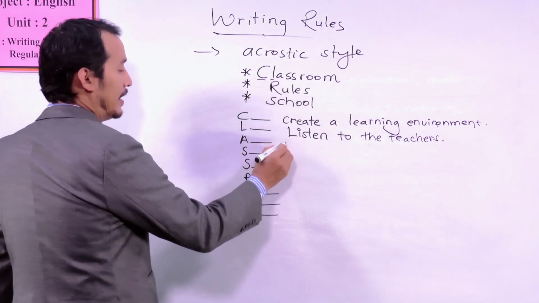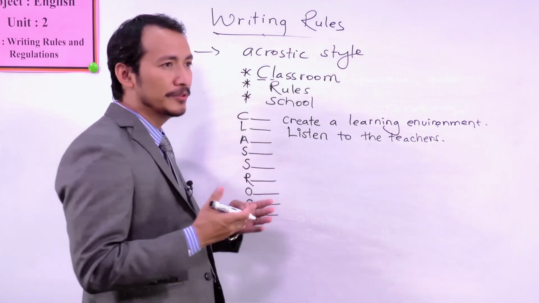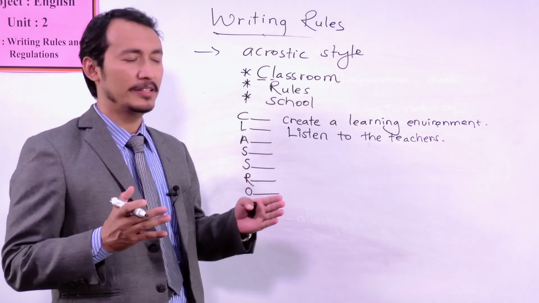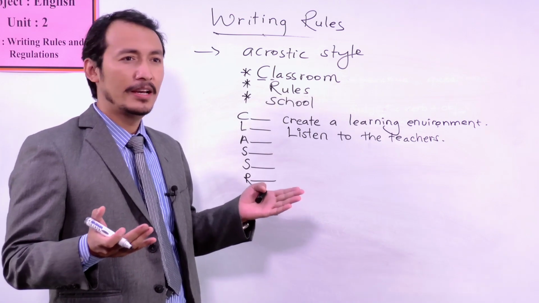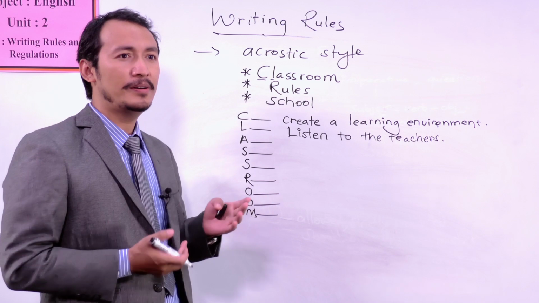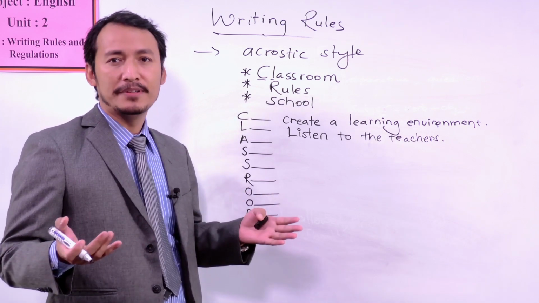A. From A, you can remember any words, and then you can decide if it is suitable or not. From A, you can say assignments, or avoid bad works, or active listening.